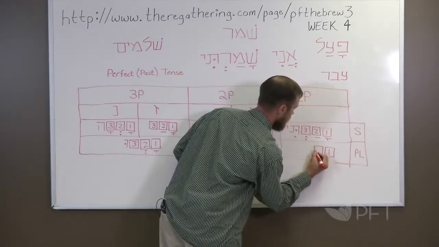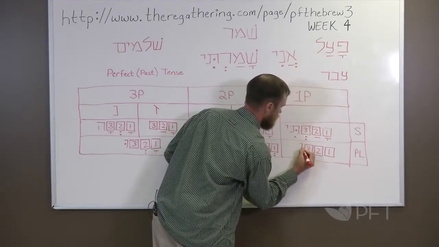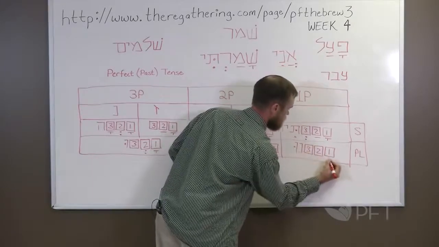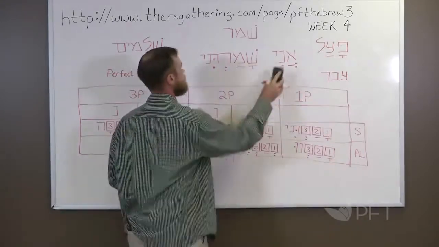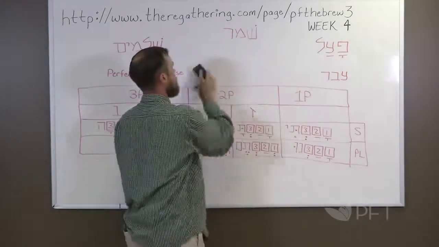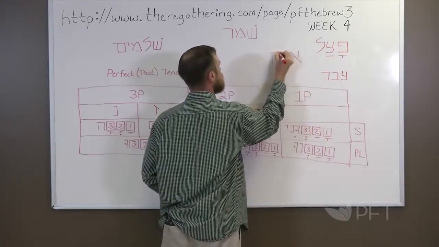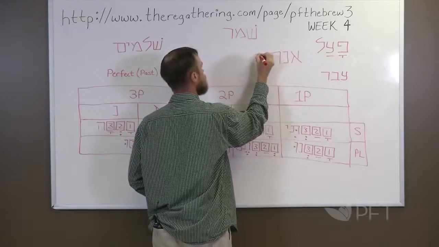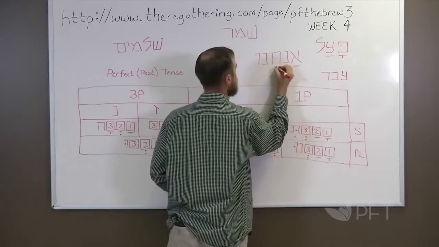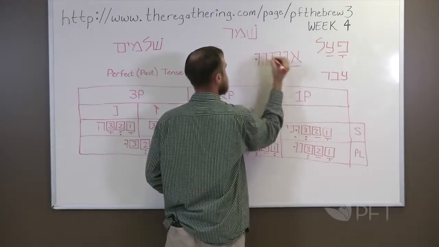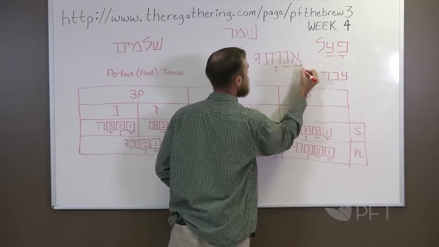And in the first person plural, we kept would be anachnu for we. Anachnu shamarnu. Anachnu, which I always have difficulty spelling.